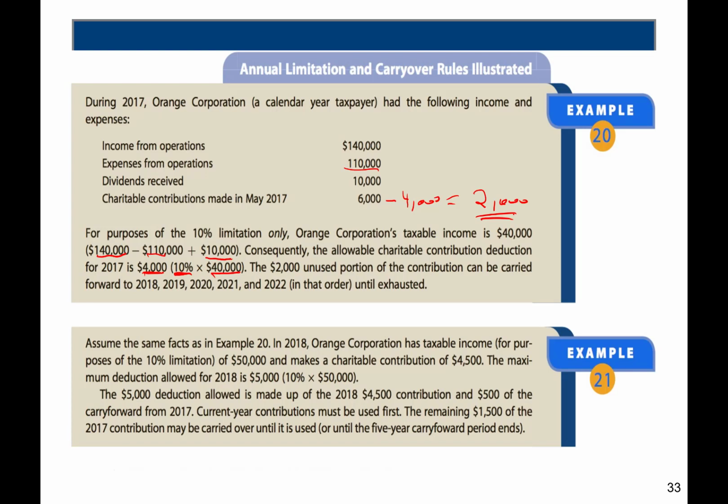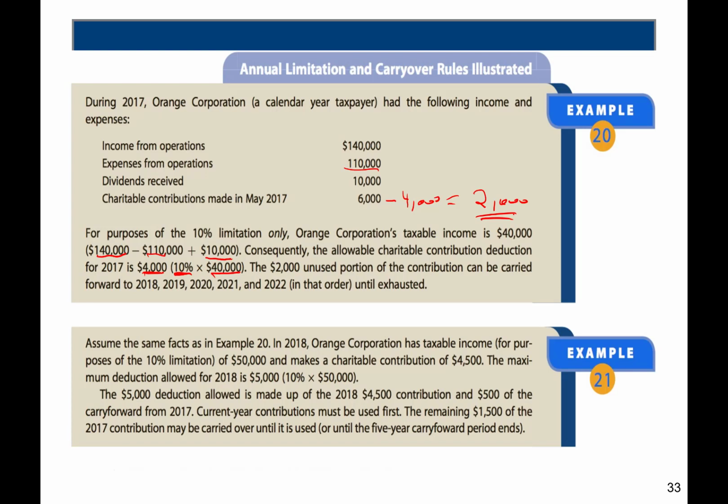Okay. One thing that makes these a little bit tricky is you look at that 6,000 and you say, well, why didn't we add the 6,000 back? Well, the 6,000 is not part of our expenses from operations, is it? So you would need to basically just ignore that 6,000. Don't deduct it. Just leave it alone, right?